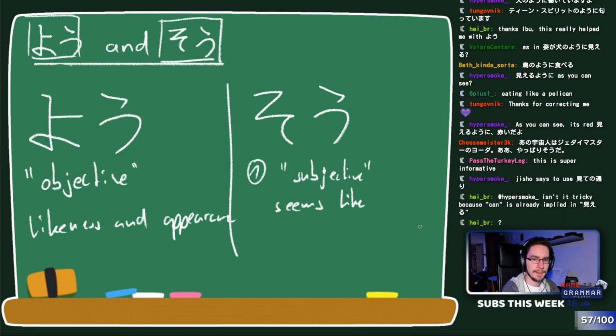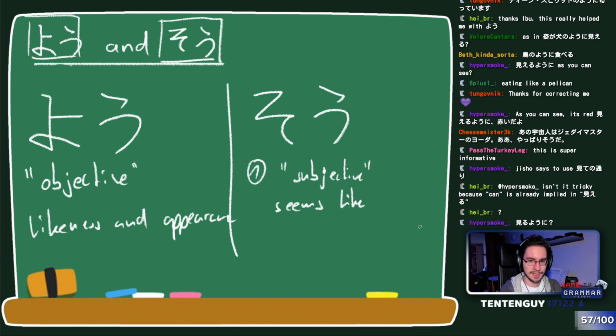When you just mean as you can see, you would usually say mite no tori and not mieru yoni, because mieru yoni also sounds like you're trying to say so that you can see it, which is something we'll probably talk about next time, especially yoni suru. That's kind of a difference.